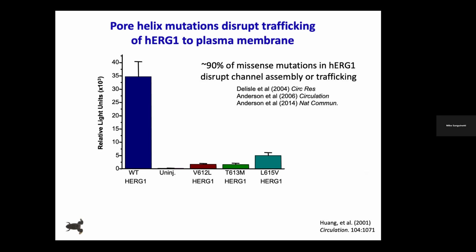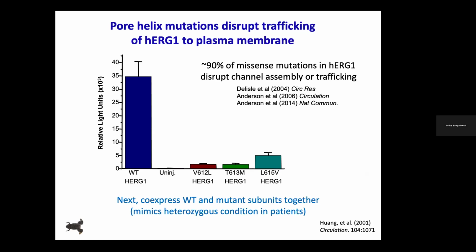It's now clear that, at least for hERG, about 90% of the missense mutations are due to a disruption in channel assembly or trafficking. This is mostly work done by Craig January's group, also in Wisconsin, and they published a lot of papers that have been very revealing. A lot of the gating defects you can see in mutants might be interesting to note, but in fact most of these mutations just disrupt assembly and or trafficking to the cell surface.